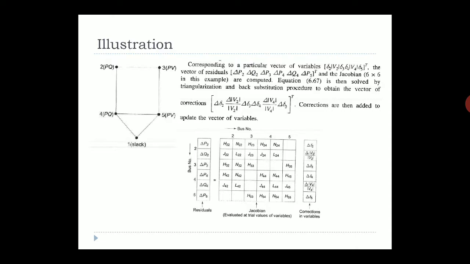So bus numbers 2 and 4 are PQ buses, and bus numbers 3 and 5 are PV buses, and 1 is the slack bus. Now, what is the slack bus? Slack bus is nothing but the reference bus. Okay, corresponding to this we will form the vectors, that is the delta and modulus of V's.